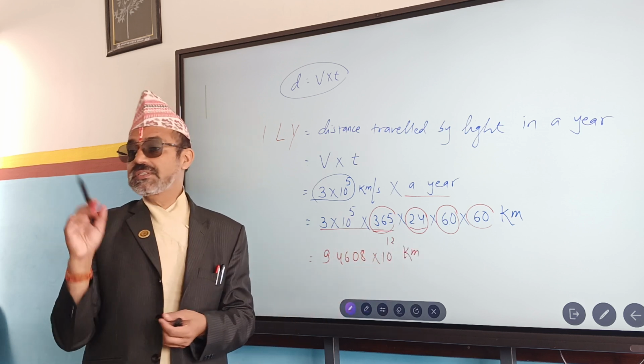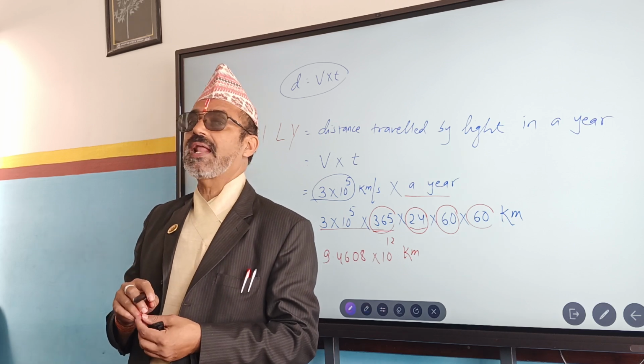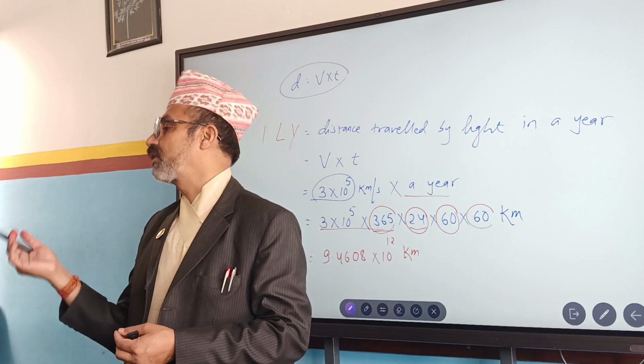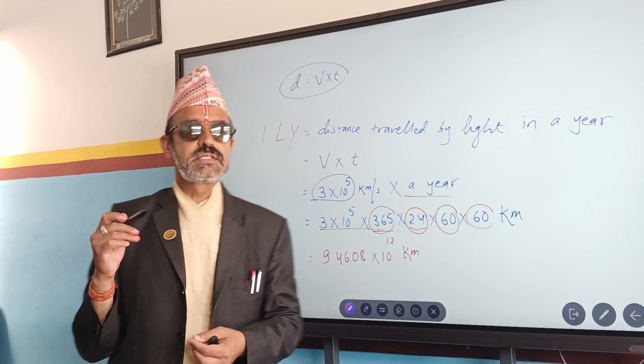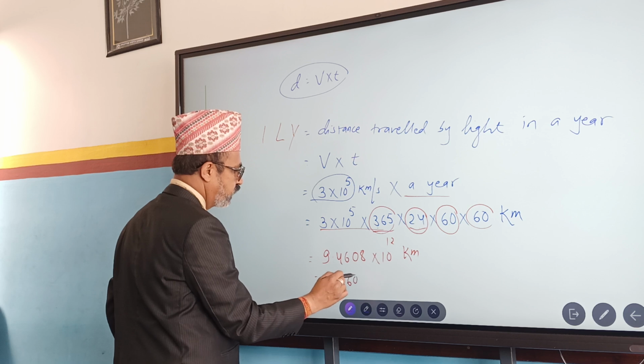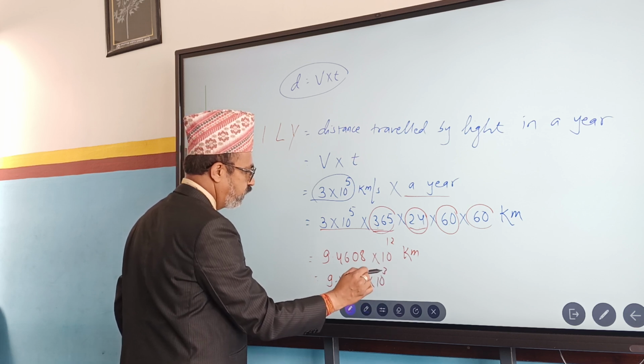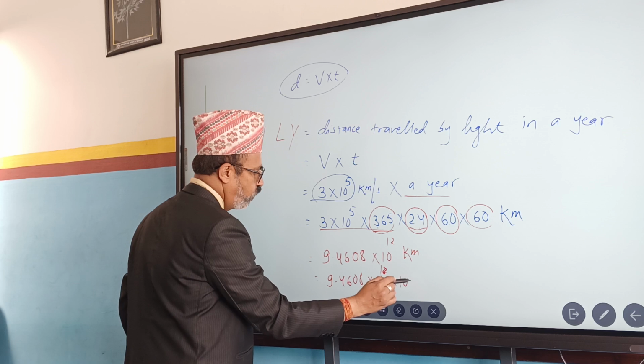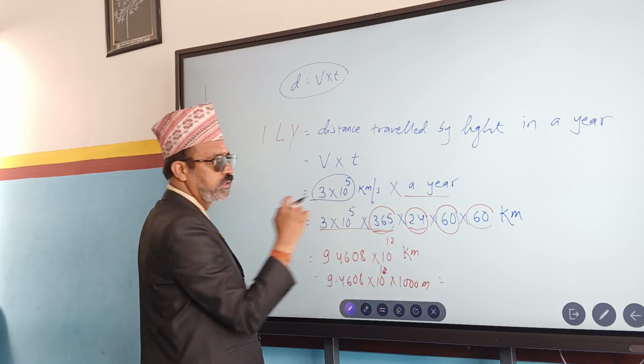But if the question says convert 1 light year into meter, at that time what to do? 9.4608 multiplied by 10 to the power 12 multiplied by 1000 meter. How much does it come?